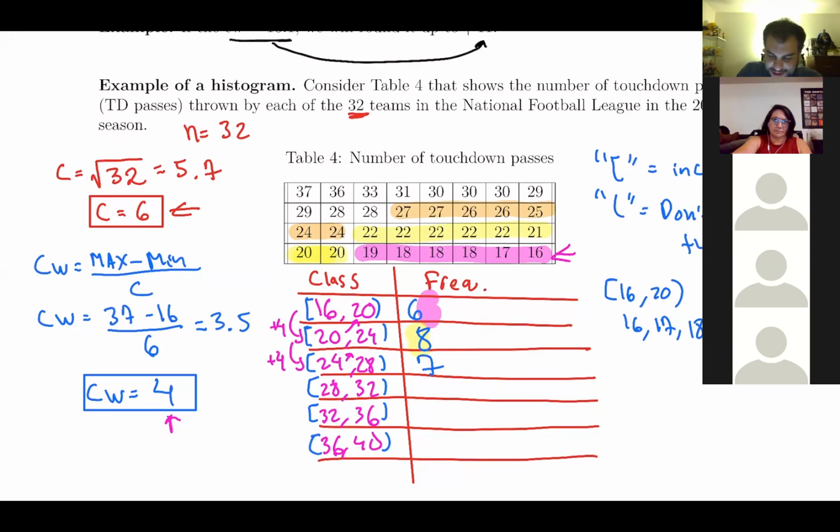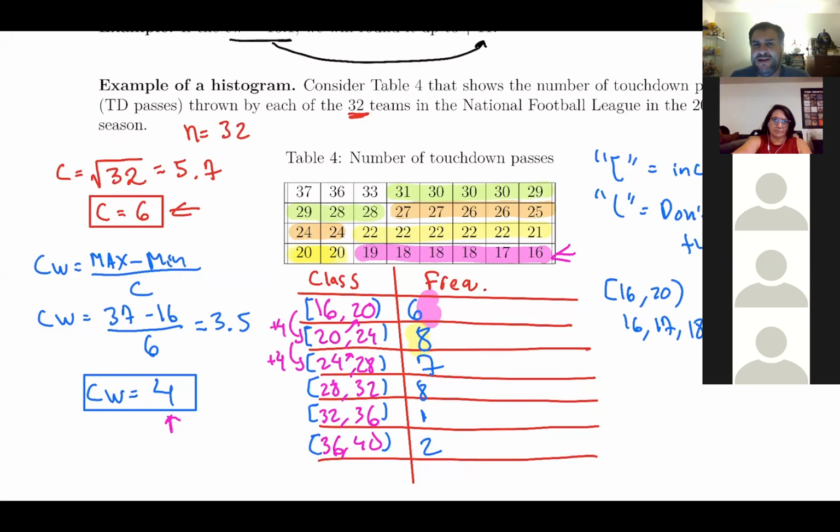And then we're going to look at 28 to 32. That should be 8 again. And then we go 32 to 36. So that should be 1. And that should be 2. All right, and that's it for this portion of it.